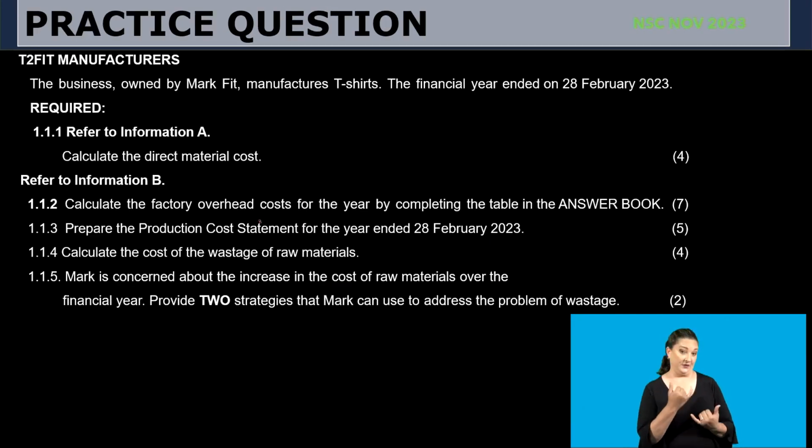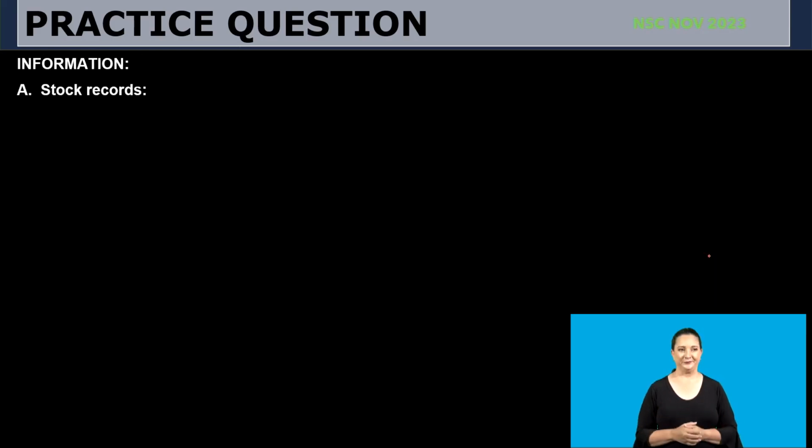The first part requires us to calculate the direct material cost, and then we also calculate the factory overhead cost amounts and prepare the production cost statement. We'll also calculate the wastage of raw materials, and then we'll answer the questions that follow. Let's begin.